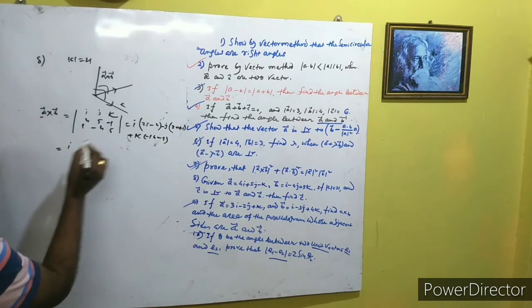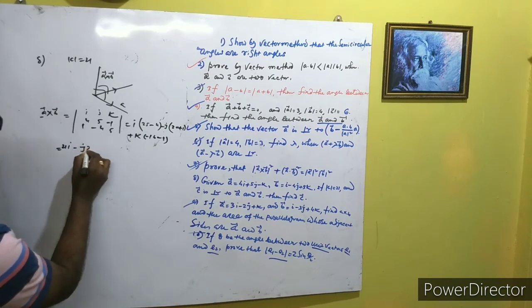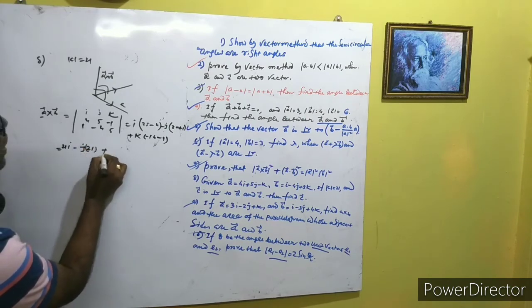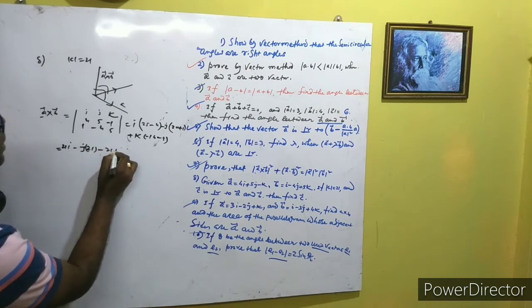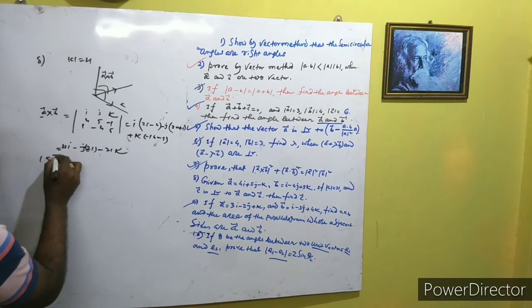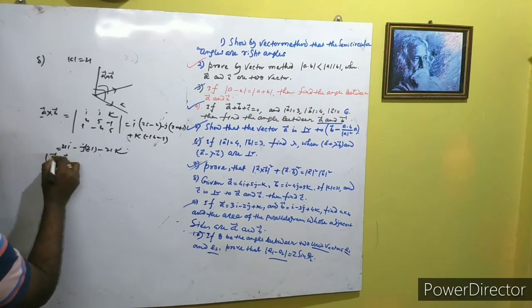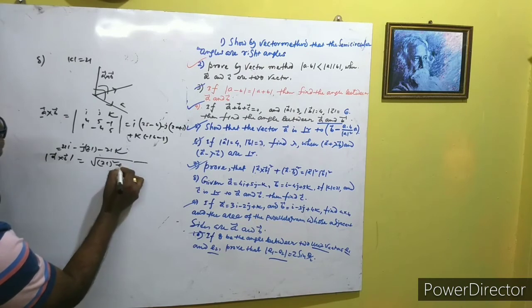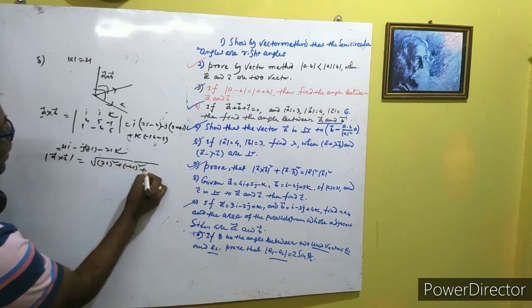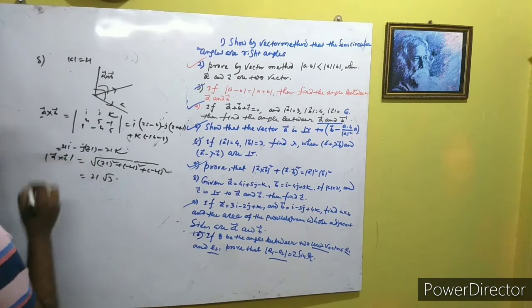So the coefficient of I here is 21, J is also 21, and here minus 21 also. And take the modulus of A cross B, which is equal to root of 21 square plus 21 square plus 21 square, that is 21 root 3.